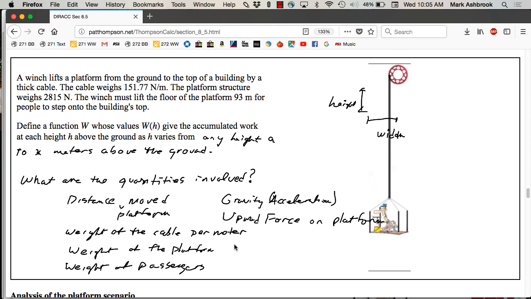So the current length of cable extended? Anything else?